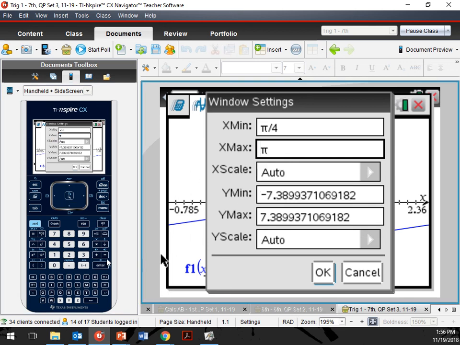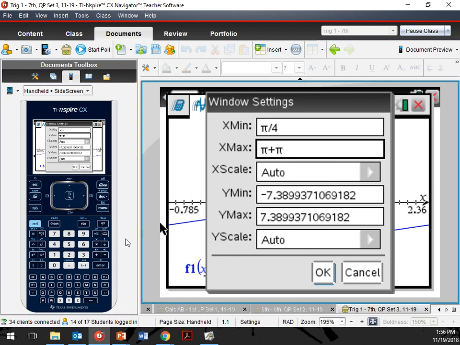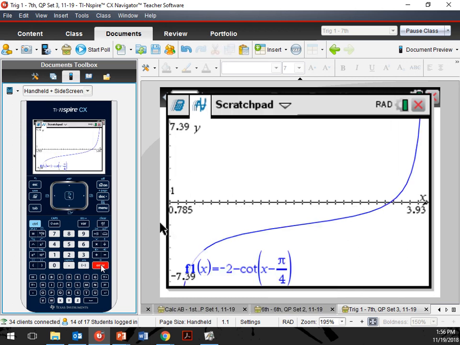Can I say pi plus pi over 4? Is my calculator actually that smart? It is? Is that one function there? That's just one interval right there, right? Yeah. That's one period.